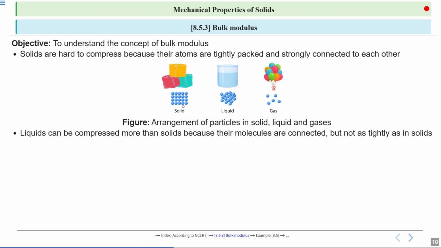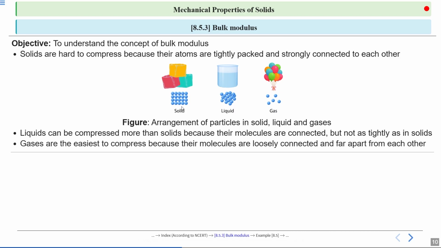This is why liquids can change shape to fit their container. Gases are the easiest to compress because their molecules are loosely connected and far apart from each other. This is why gases can be squeezed into a much smaller volume.